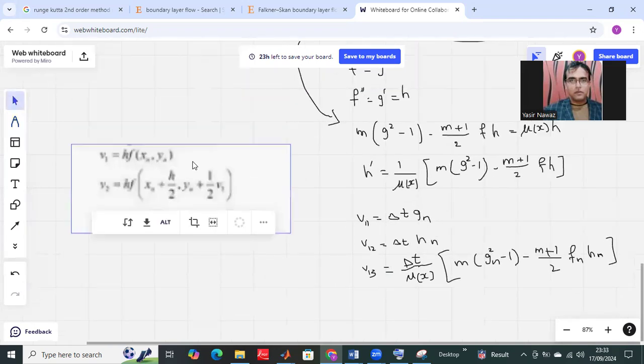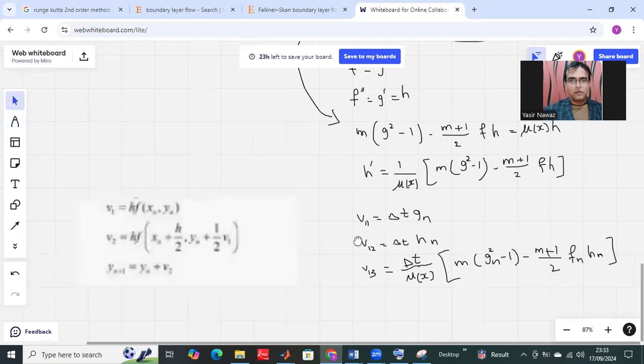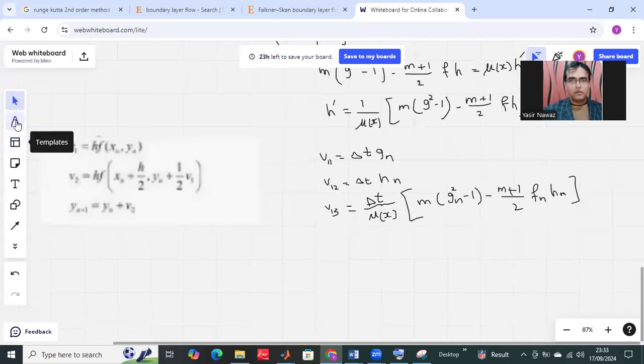Now for the second stage, I will use V21, and here I will have delta t, and then it's yn plus half V1, so the previous state.